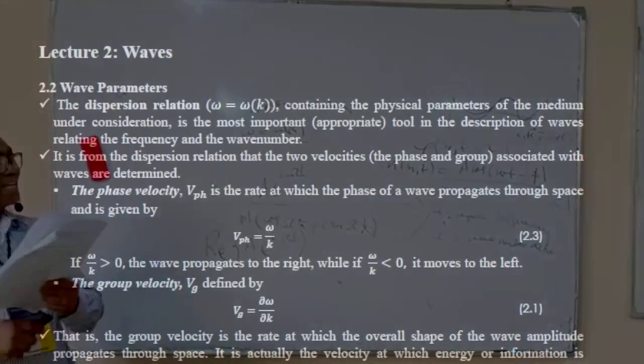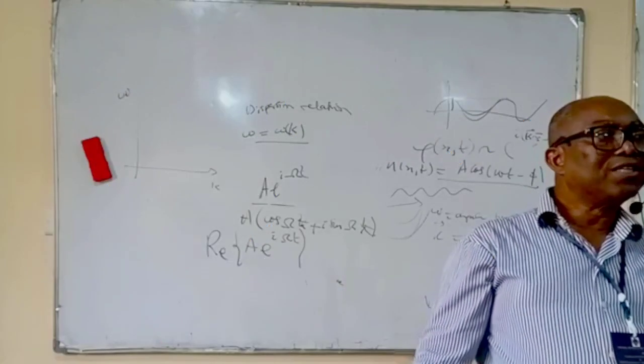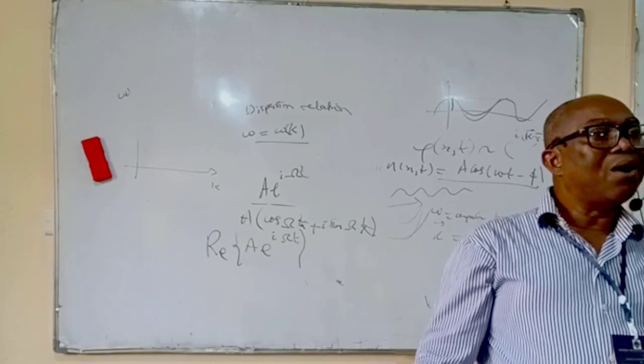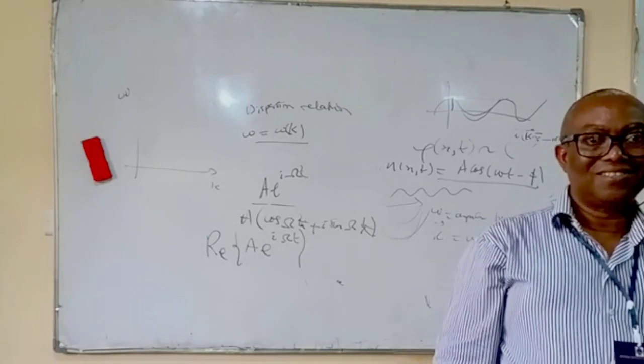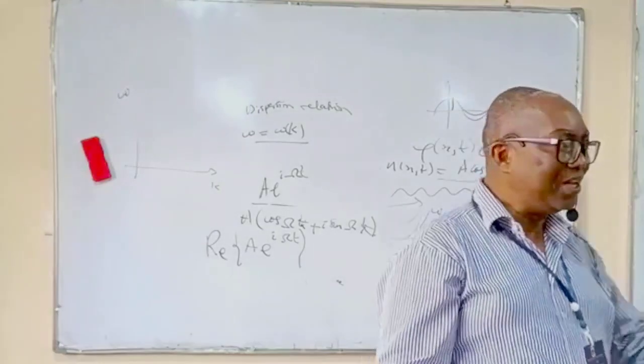And the next thing from this, when we get our wave, because the wave equation now comes in terms of what? Omega. It will lead us to get our phase velocity. It can also help us to get our group velocity.